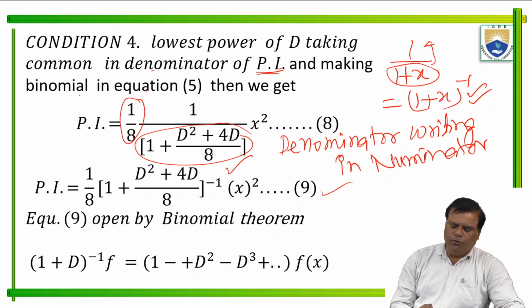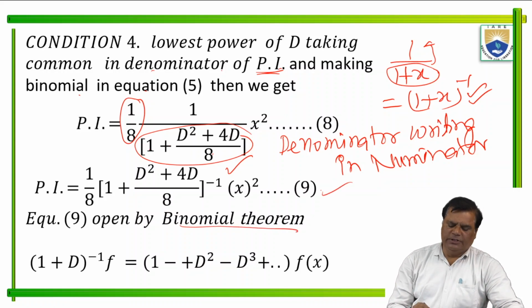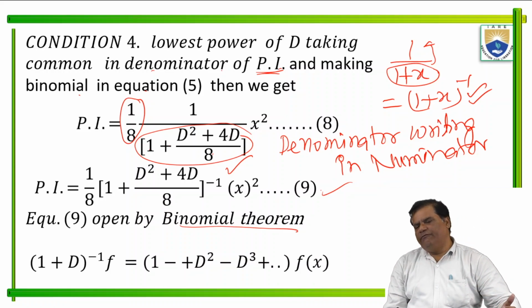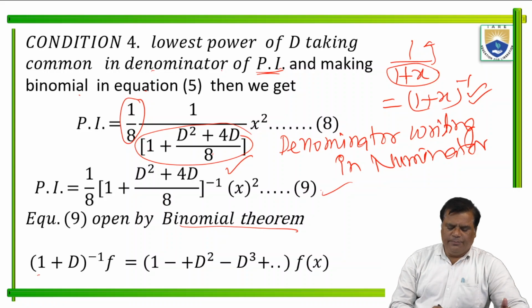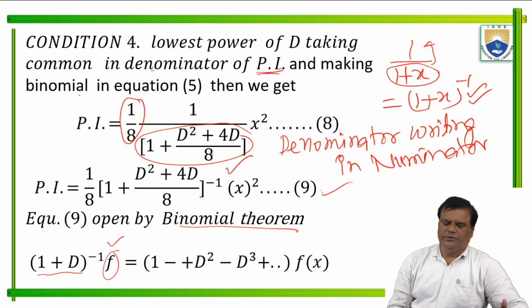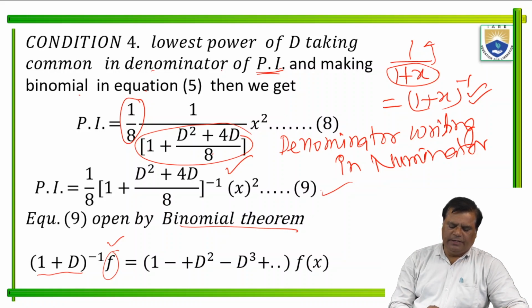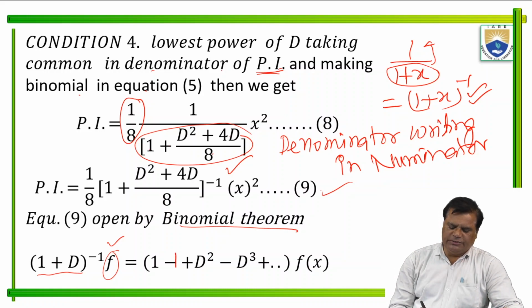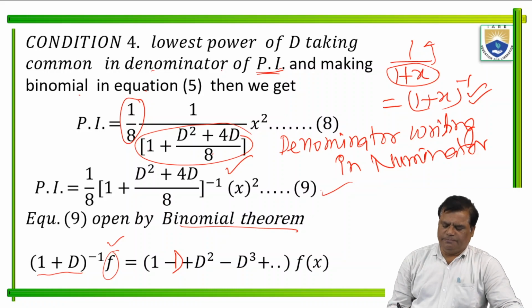Equation 9 is opened by the binomial theorem. Which formula of the binomial theorem do we apply here? (1 plus D) to the power minus 1 is the function here. Here is minus 1, here is plus 1, so alternate sign is there. Here is 1 minus D plus D square minus D cube and so on.